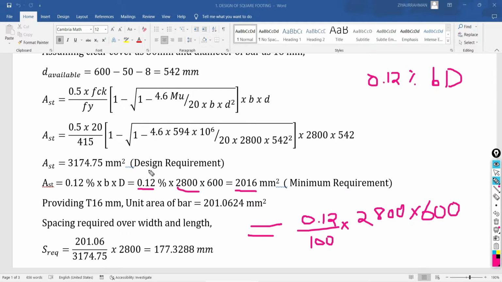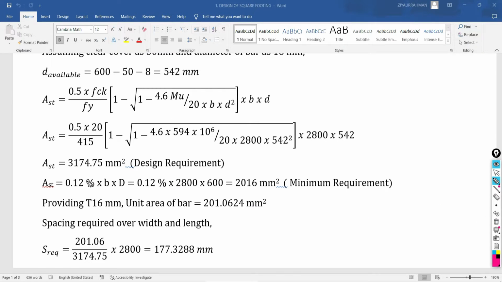The design area of reinforcement required is 3174. As you can see from here, the design requirement is more than the minimum requirement. In that situation, we have to go with the design requirement. When the design requirement is less than the minimum requirement, then we have to go with the minimum requirement.